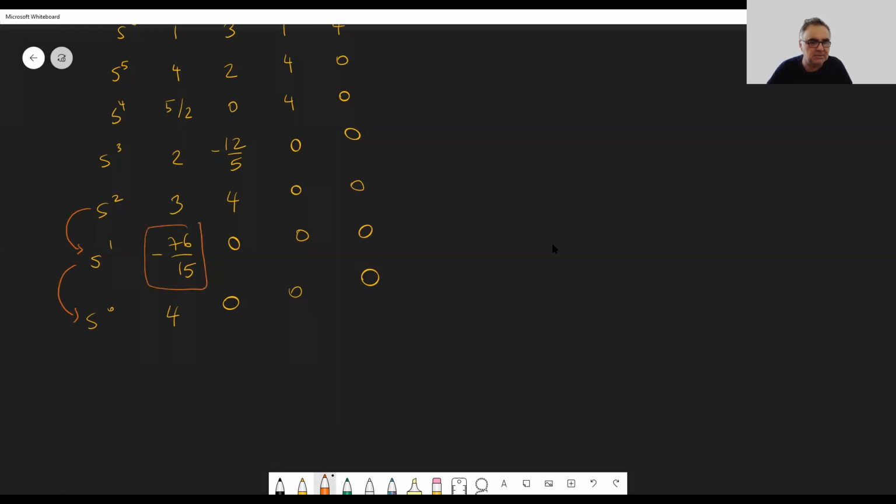And this one is negative. So this polynomial is unstable with 2 poles with positive real parts. Okay.